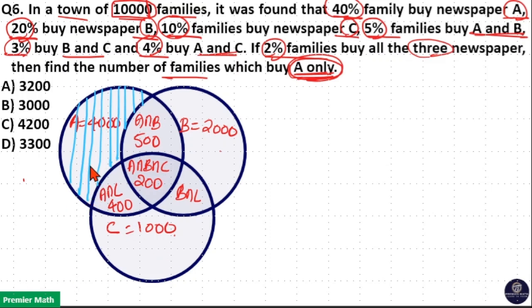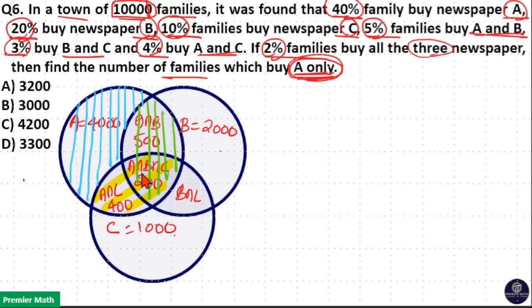So, in order to find that, we need to subtract A intersection B and A intersection C from this 4,000. That is, in order to find this shaded portion, that is A only, we need to subtract A intersection B and A intersection C. Here, this is A intersection B and this is A intersection C. But here you can see, when you add A intersection B and A intersection C, you are adding this tri-junction portion 2 times.